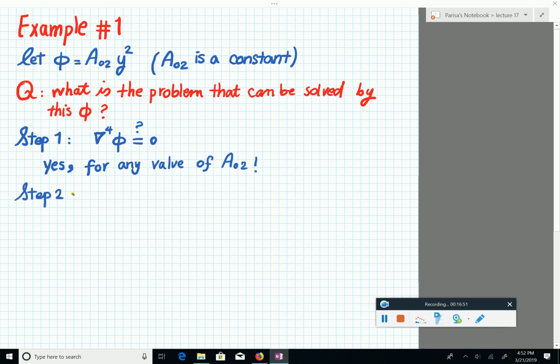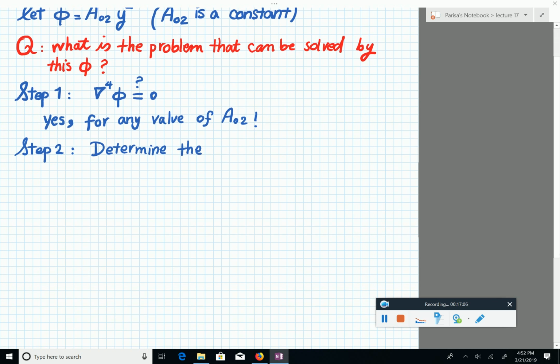Step 2. Well, as you may guess, if you assume this area stress function, then the relationship between this function and the stress is something you know. So the first thing is to determine the stress field. So determine the corresponding stresses.